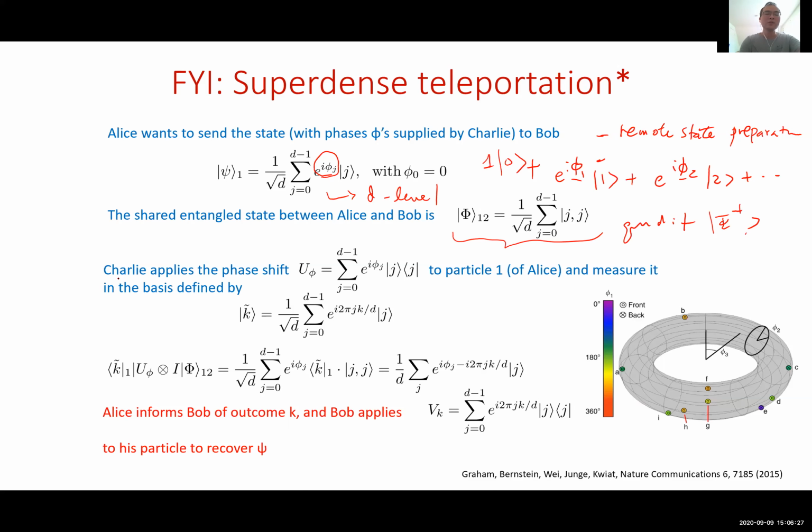What the scheme goes is as follows. So one of the persons uses a phase shift and applies it to one of the particles, right? So you can basically shift, so the phase is imprinted onto this particle.